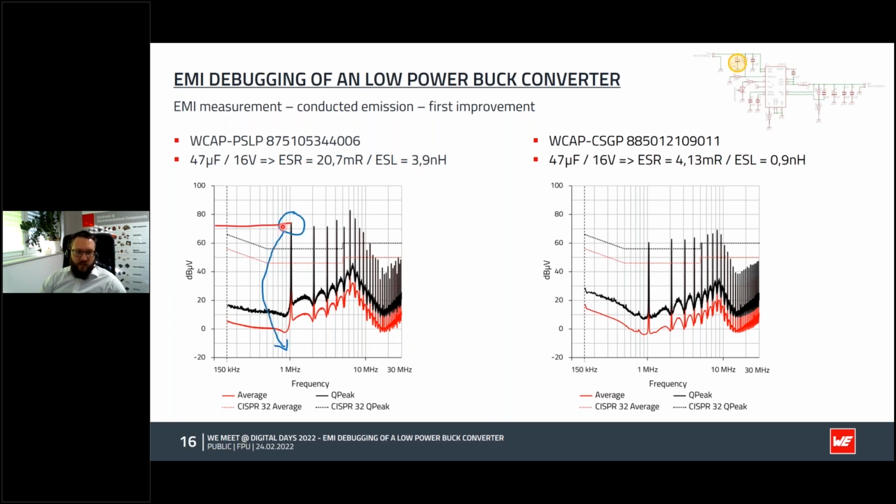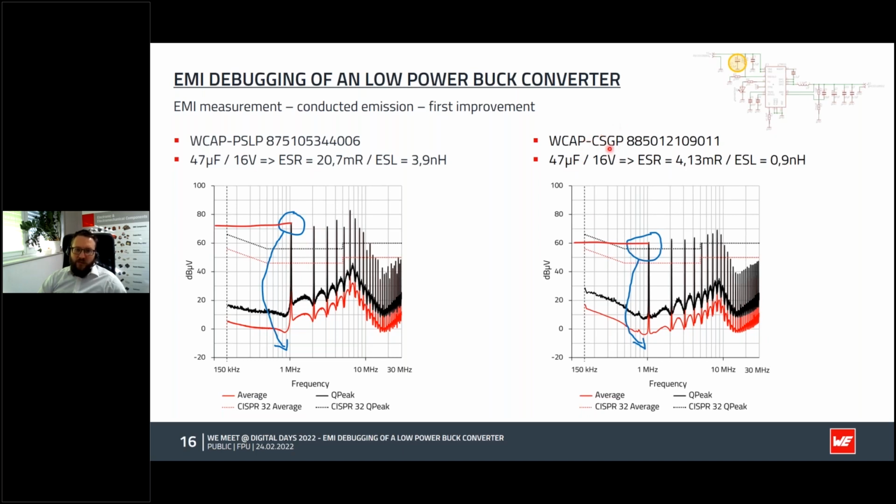When we concentrate on the fundamental switching frequency, it's still 1 megahertz, we are now at around 70 dBµV. But in the higher frequencies there is not really a reduction. Maybe we have some resonances or something else here. But when we just look at the switching frequency, we have an improvement.